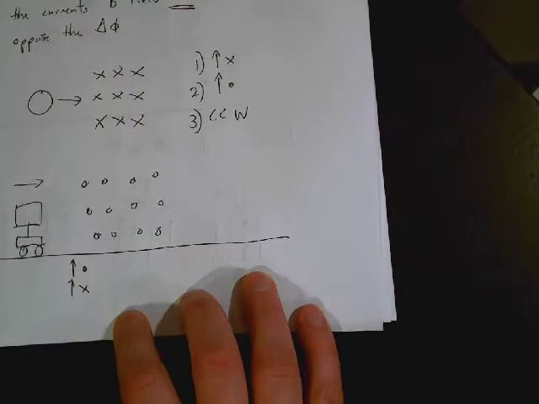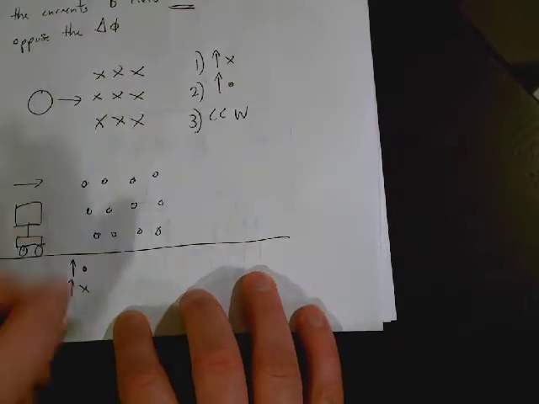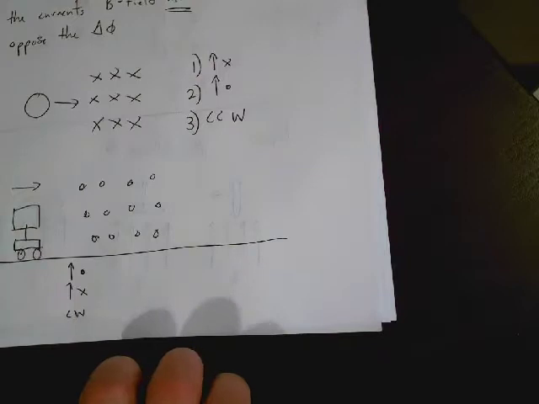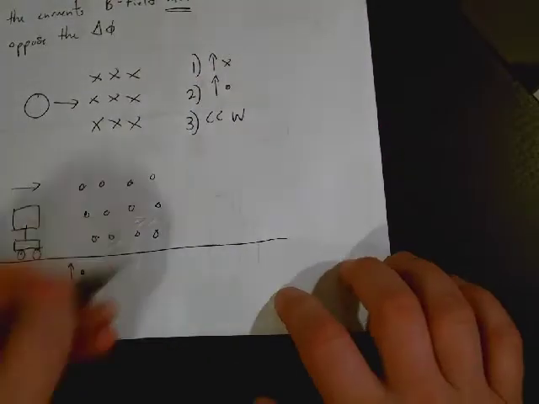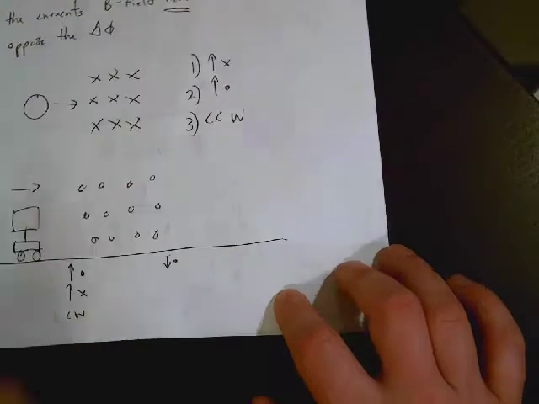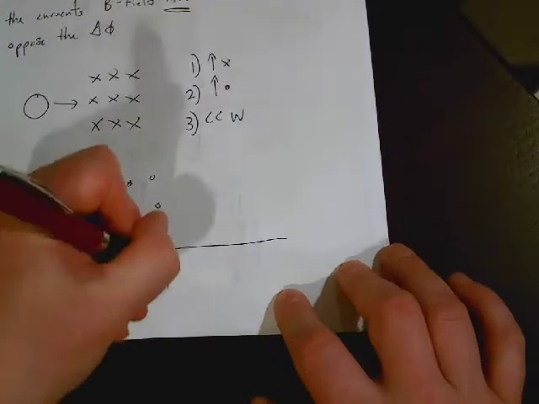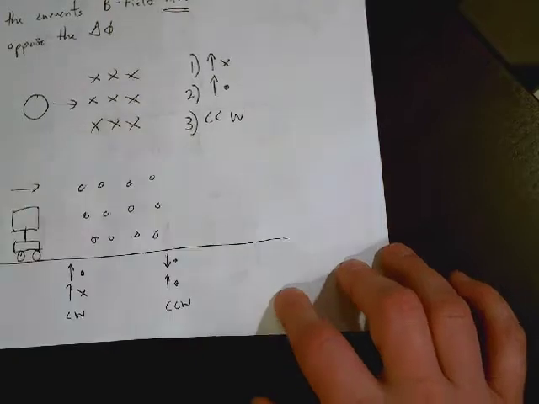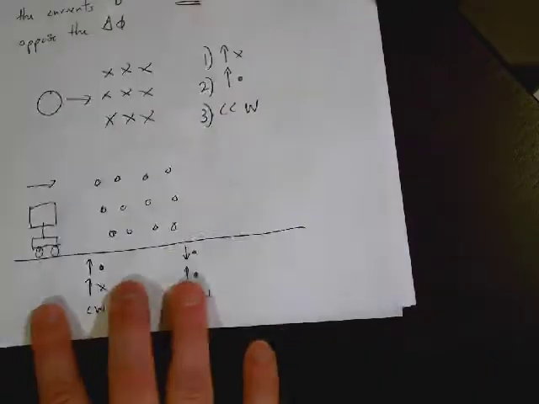So when it's entering, if we were to do those same steps, my flux is, you are here, you would be getting more dots. Is everybody with me? So if I want to oppose that change, I need to get more X's. And then that would be clockwise. Is everybody okay with the last step?